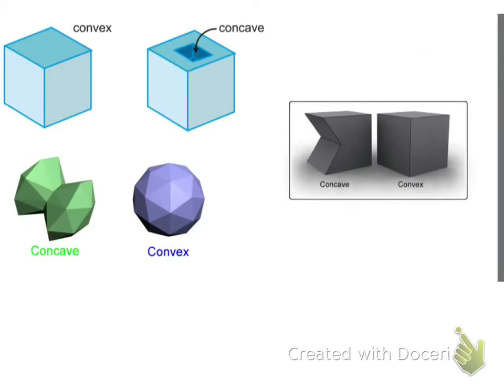And just like with polygons, how we had convex and concave, think about a concave shape. We could draw a diagonal on the outside. Well, with a concave polyhedron, we could draw a line on the outside, kind of like a 3D diagonal.